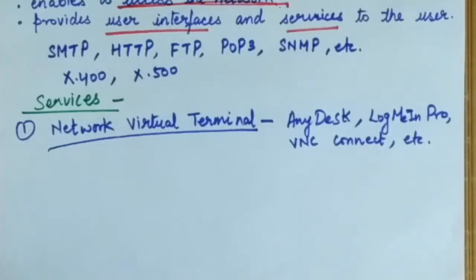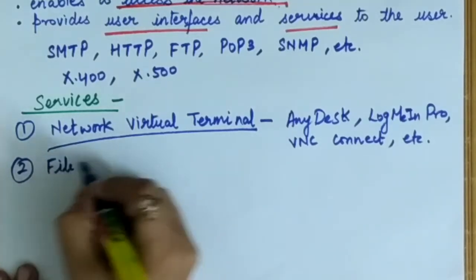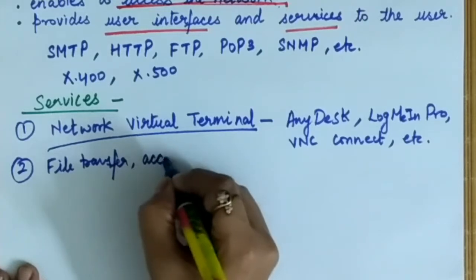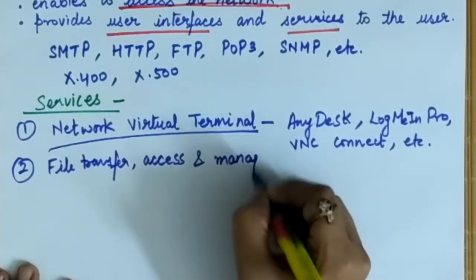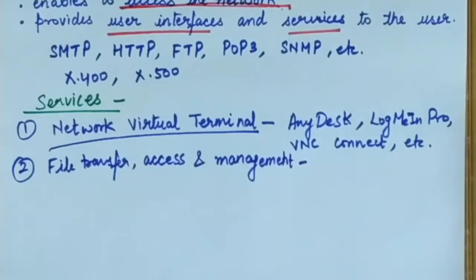Now the next service by the application layer is file transfer, access and management. This is the other service which is provided by the application layer. This service allows a user to access files in a remote host.